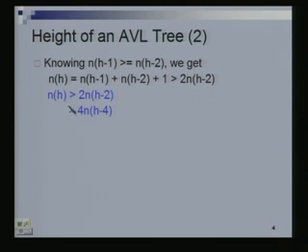So this implies this entire thing is more than 4 times n of h minus 4, which implies that the entire thing is more than 8 times n of h minus 6. You understand how this comes? n of h minus 4 is more than 2 times n of h minus 6, and so on and on, which will eventually take us to something like 2 to the i times n of h minus 2i after i steps.